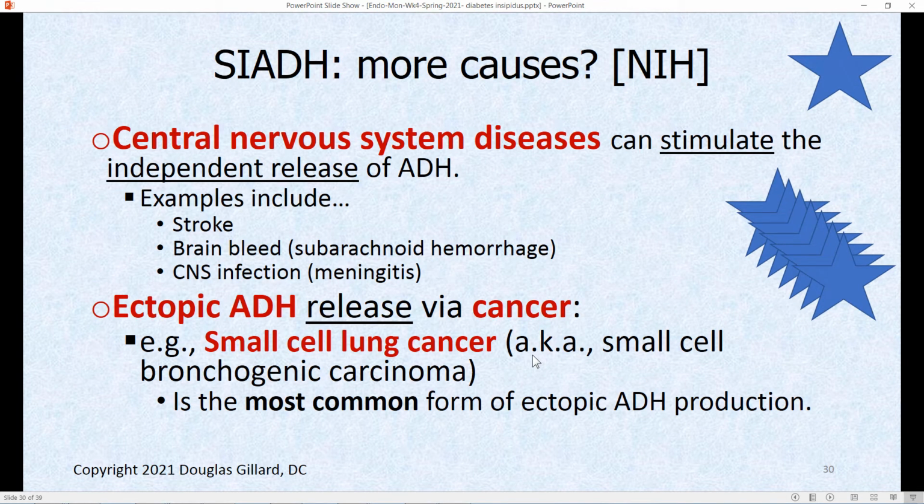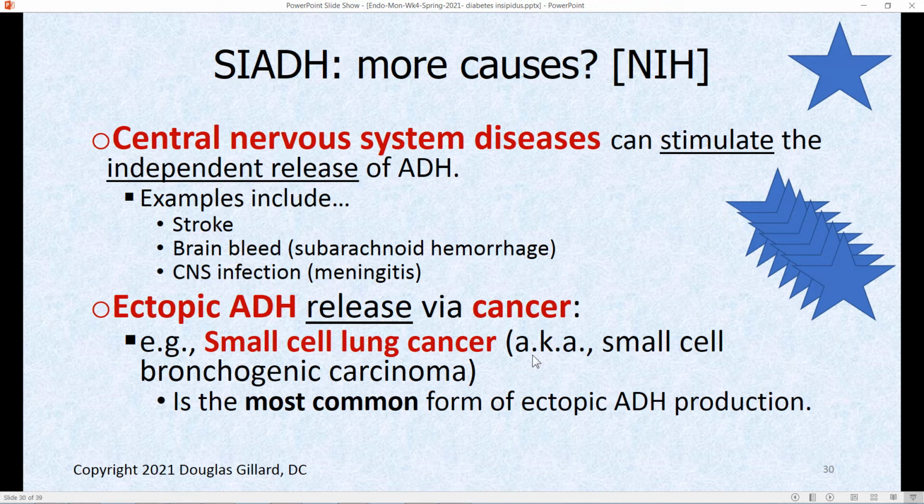What are some causes? Central nervous system diseases, stroke, bleed into the brain can cause this. And all of these central nervous system diseases stimulate the magnocellular neurons to release ADH when they're not supposed to. So a bleed, a stroke, an infection, meningitis can cause that.